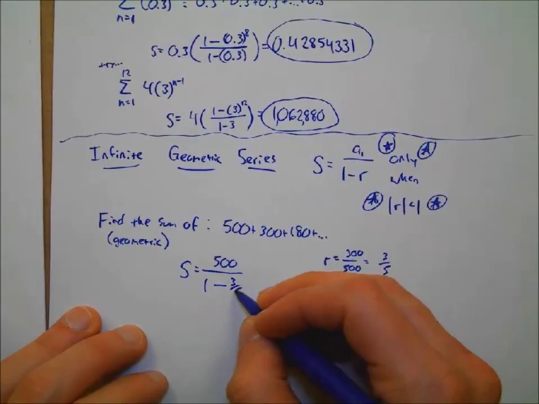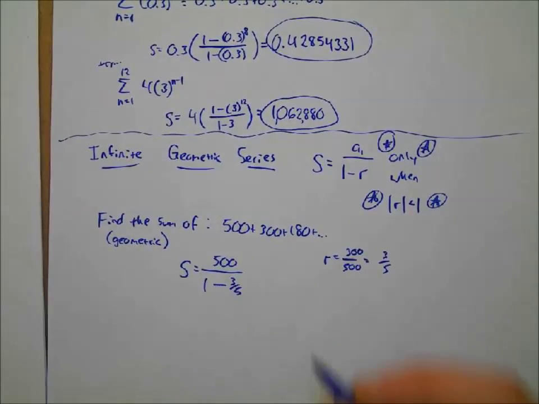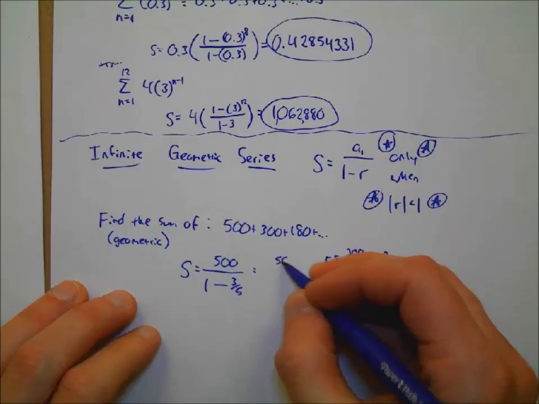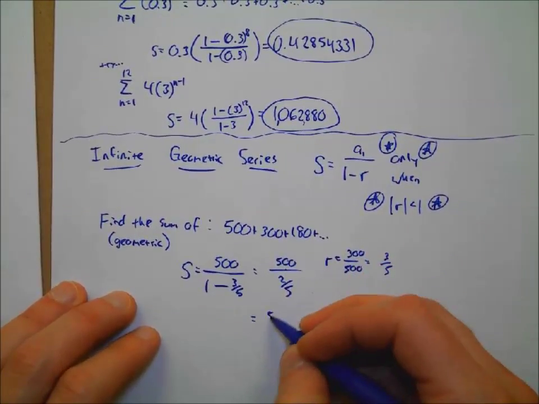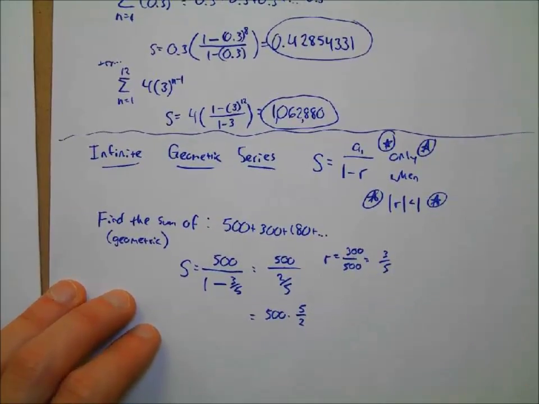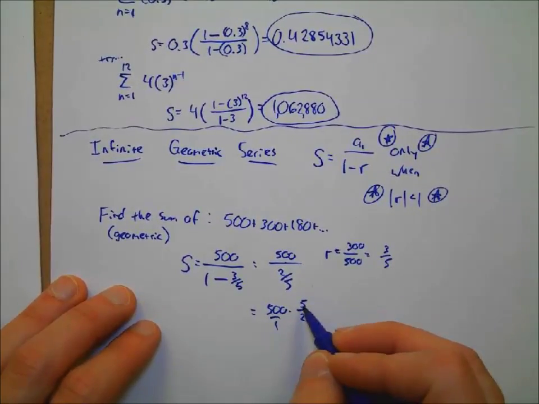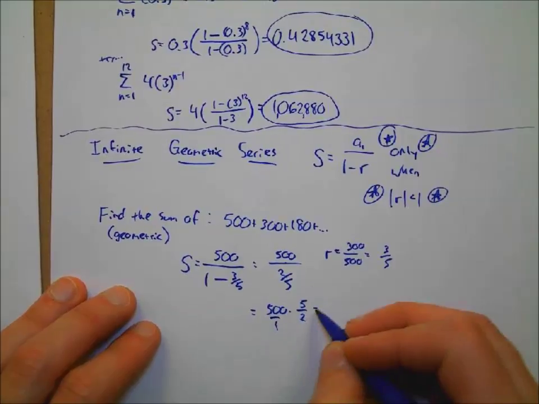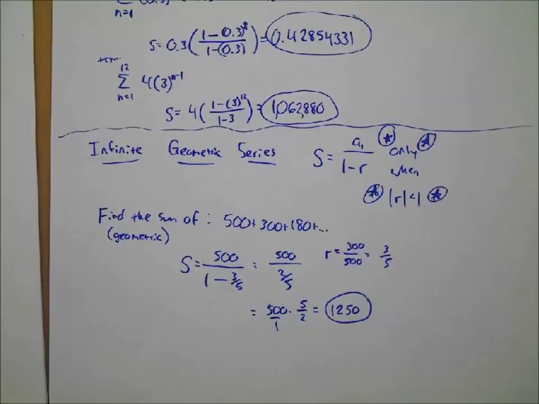What's 1 minus 3/5? 2/5. Instead of dividing by 2/5, I'll take 500 and multiply by 5/2. 500 over 1 times 5 is 2,500. 2,500 divided by 2 is 1,250.